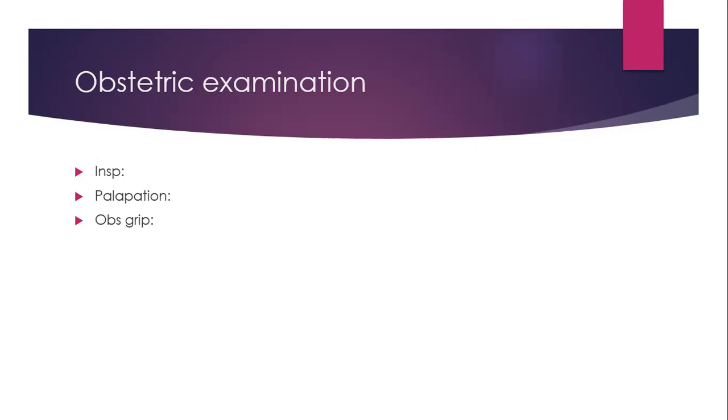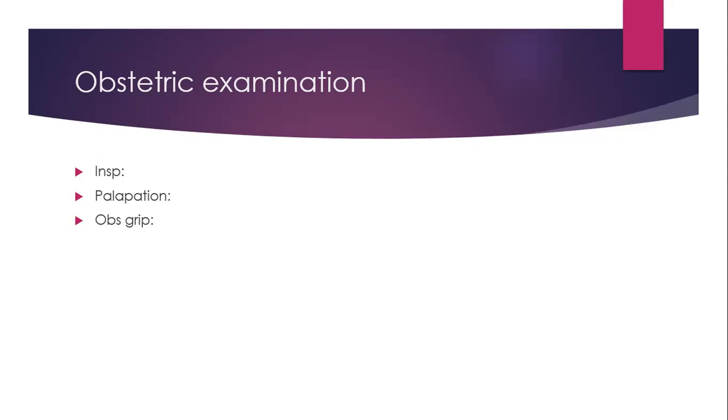When doing the examination, we stand on the side of the patient and start palpating from the fundal region. If we get a solid bony prominence, we'll say this is the head. Or if we get a smooth surface, we'll say this is the buttocks.